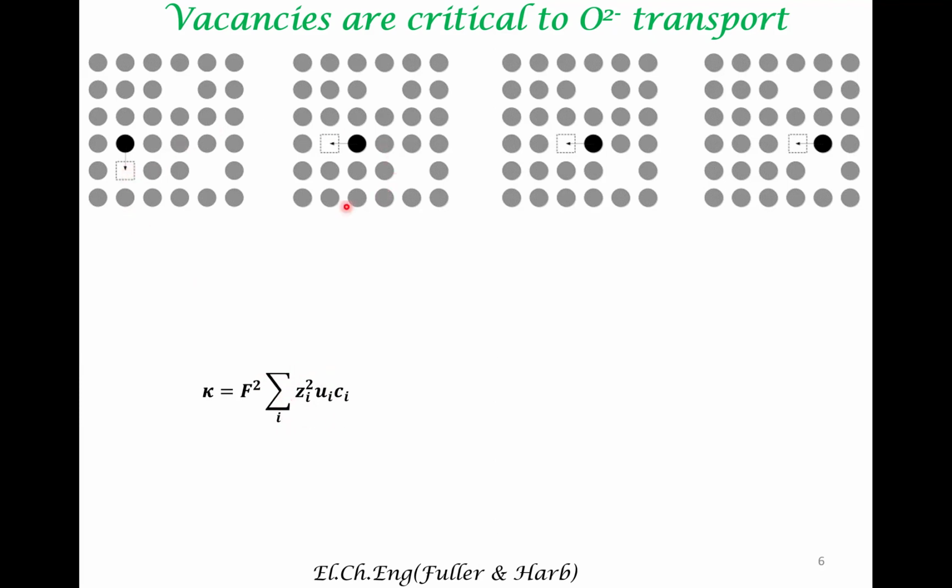However, in these kinds of materials, the vacancies interact strongly with each other. So typically, when we say yttria is doped into zirconia, the concentration of yttria is about 8%. So these are not very small concentrations of vacancies. So at this concentration of vacancies, the interaction between the vacancies is also considerable.